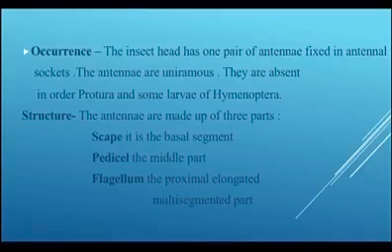The antennae are uniramous, that means they are unbranched, there are no branches. The antennae are absent in order Protura and some larval forms like that of Hymenoptera. Rest of the orders, they have antennae.